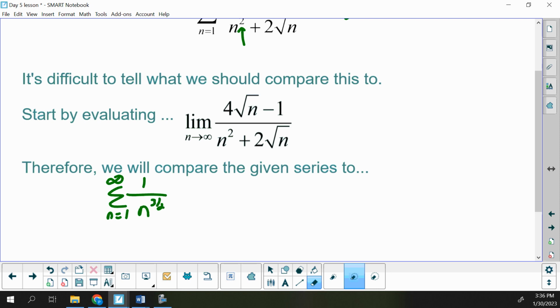So basically, it's the gap between the two, so that when you divide them, you will have the same power as the highest degree, both numerator and denominator. Let's say what this one does. It's a p series where p is greater than 1, so it converges.